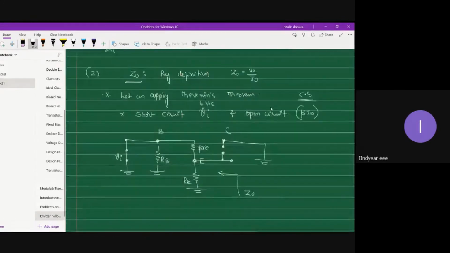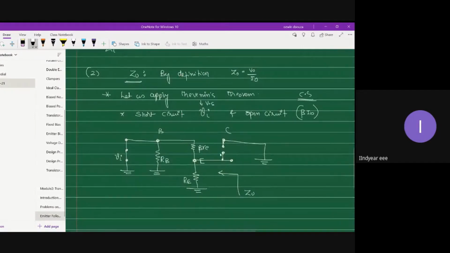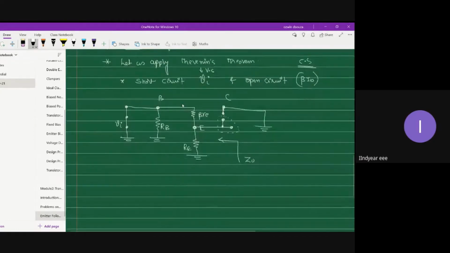You can retain it or neglect it. I'm not going to delete it, I'm just going to neglect it, because no resistor comes into the picture.